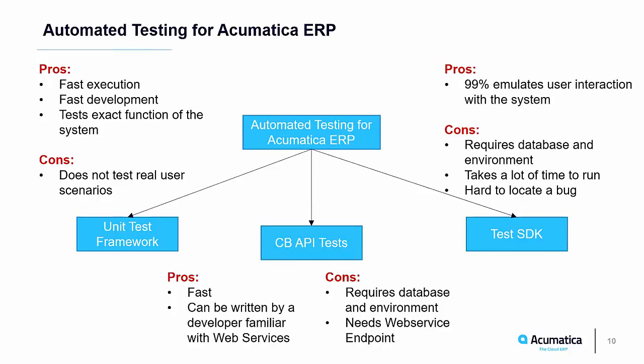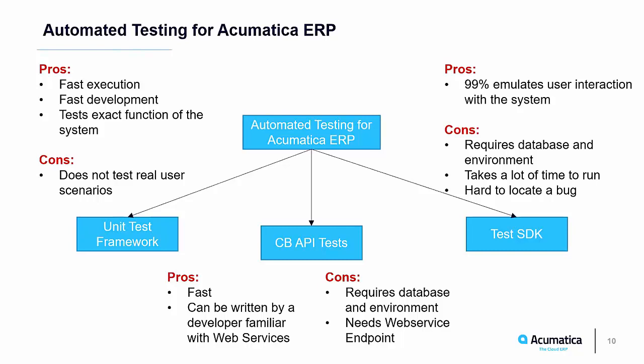The pros here is that Test SDK emulates user behavior and user interaction with the system. So you really see the browser that is receiving some clicks, and you have the database where all the changes are reflected. So that's real system behavior.